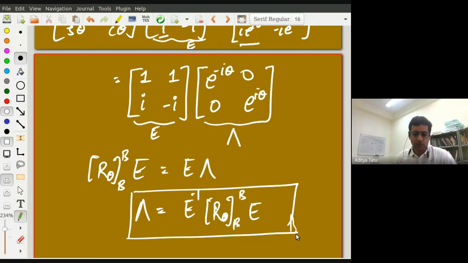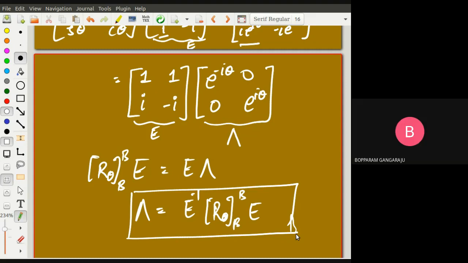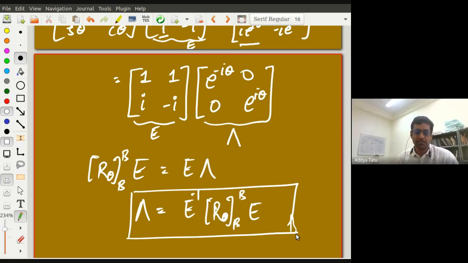So when we saw that the matrix representation of a linear operator depends on the basis you have chosen, we said that if I want to understand what that linear operator is doing intuitively, it is always easier to understand the matrix which is diagonal. Yes, sir. And here is exactly that example. We have chosen a basis such that in that basis, I get a diagonal matrix representation.